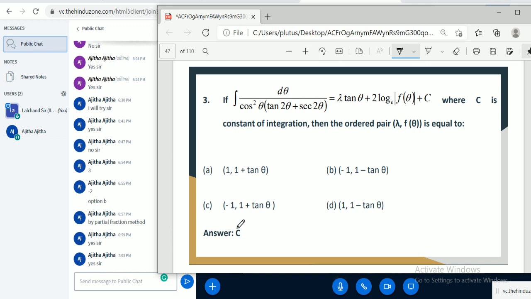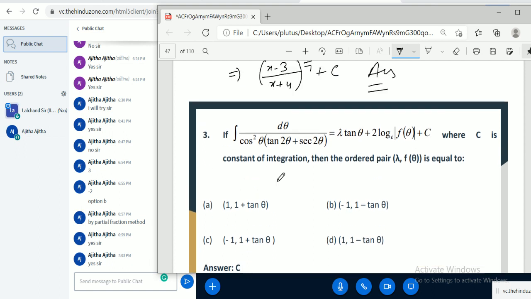So can you solve this sum? This is also asked in JEE. This question is either JEE 2020 or 2019.